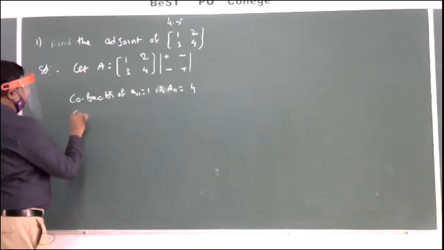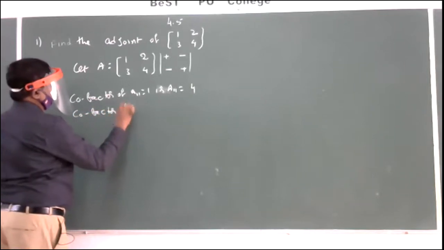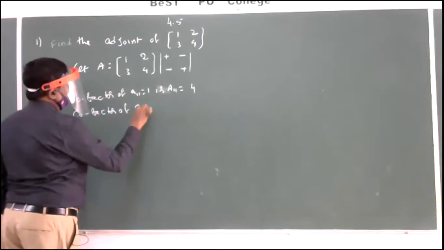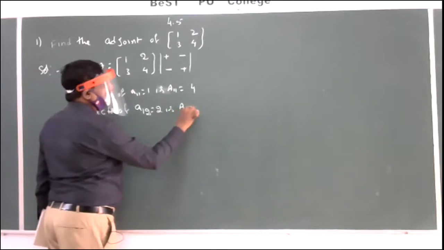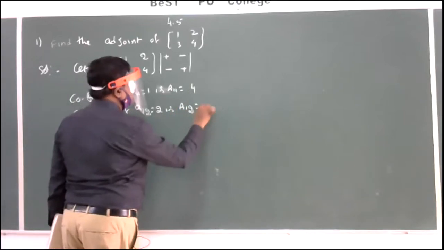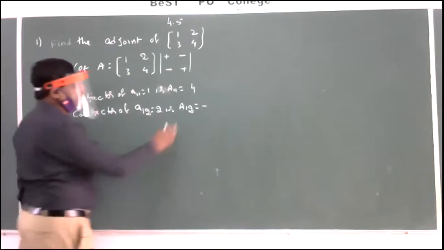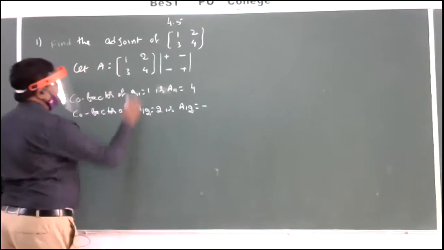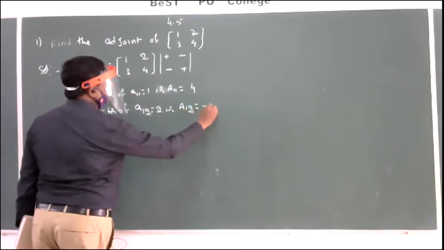Next, cofactor of A12, capital A12, is minus, because 1 plus 2 is 3, odd number, minus. Leaving the first row and second column, then minus 3.